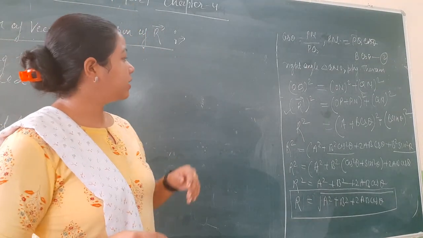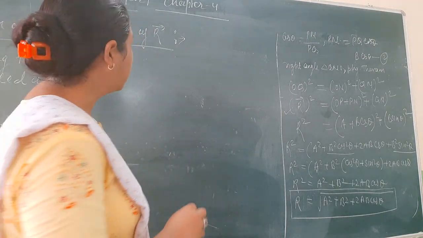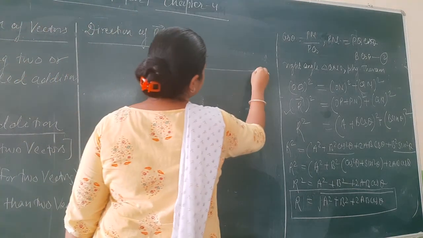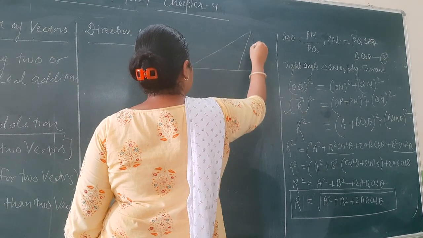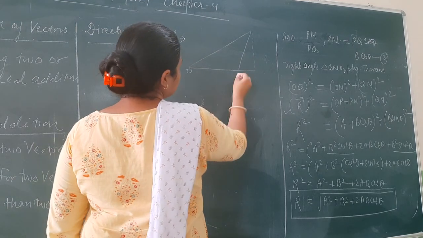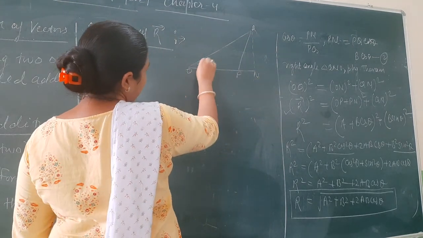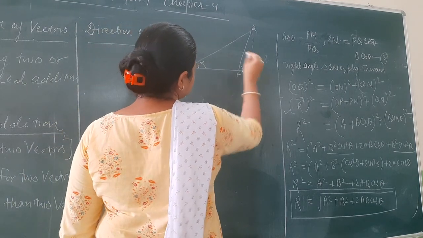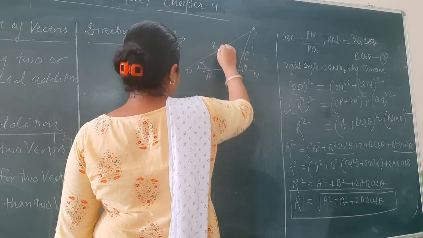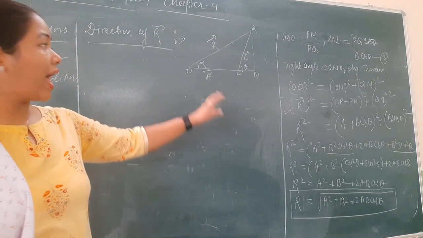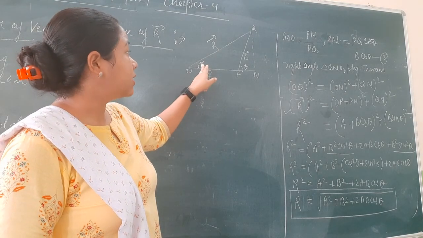Now to calculate the direction of R, we will use the bigger triangle, that is, we will draw a line now. O, P, Q, and this will be the angle alpha, and this will be the angle theta, right? This is A, this is B, this is R, right? So to calculate the direction, we will use this triangle, this angle, that is alpha.